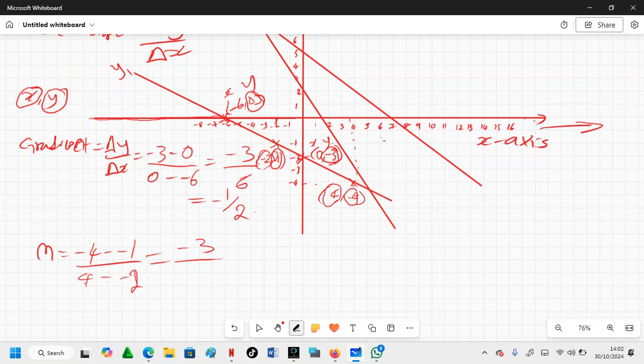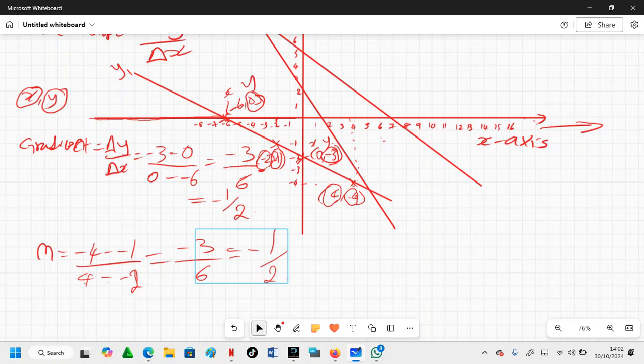Actually, it is not -1, it is -2. So -4 plus 1 is -3, over 4 minus -2, which is 6, and the answer is still -1 over 2. So that concludes it: whenever you have a line, and from this line you can extract any 2 points, then you can simply get the gradient.